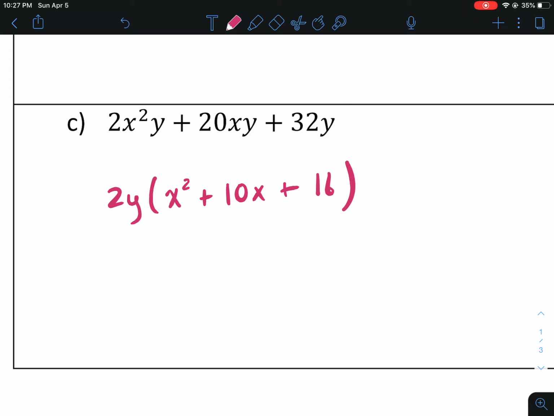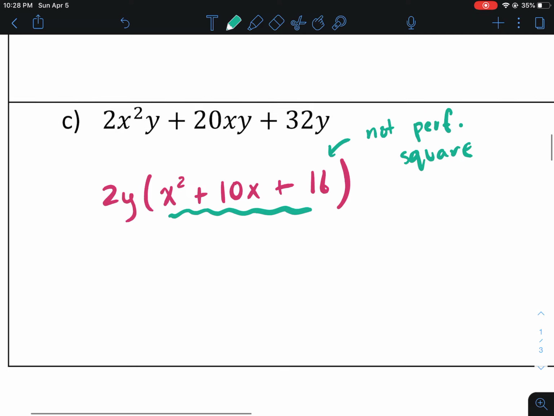Which seems like a perfect square trinomial, because we have x squared and 16. But that means a is x and b is equal to 4. So 2ab in this case would need to be 4 times 2, which is 8, but our middle term is 10. So this is not a perfect square trinomial, okay?